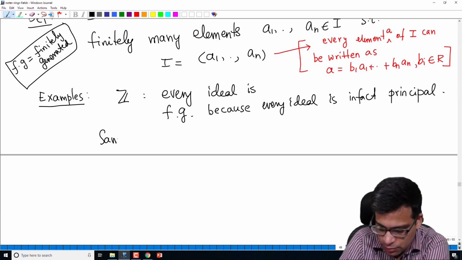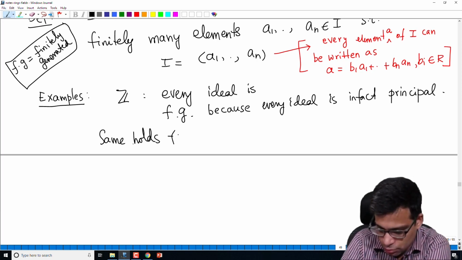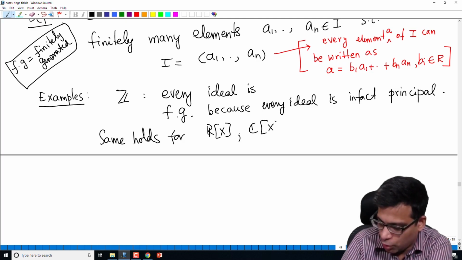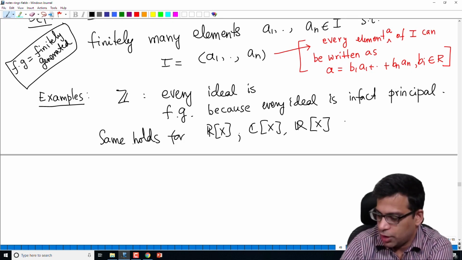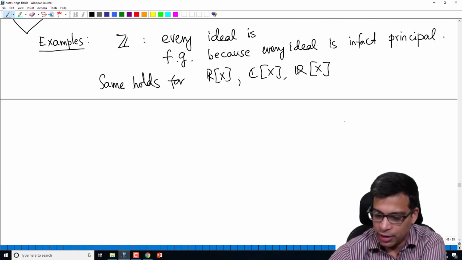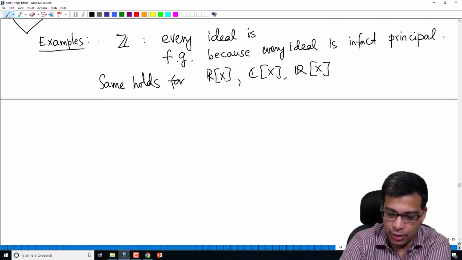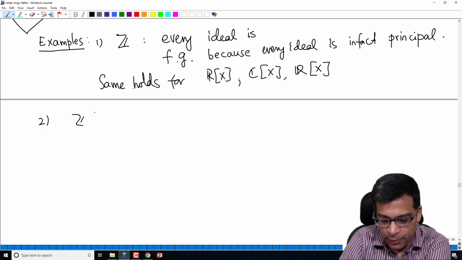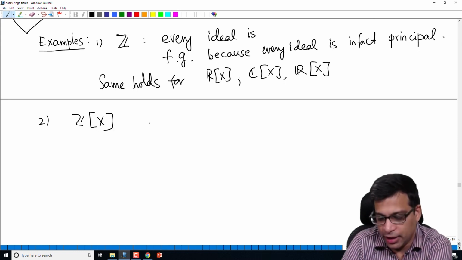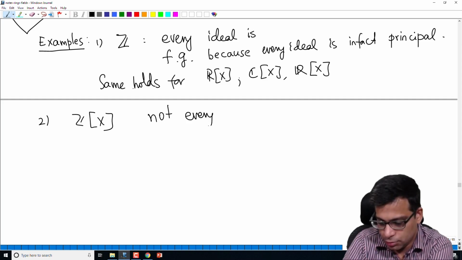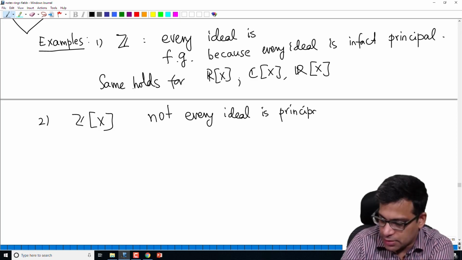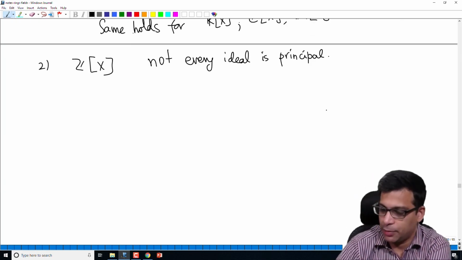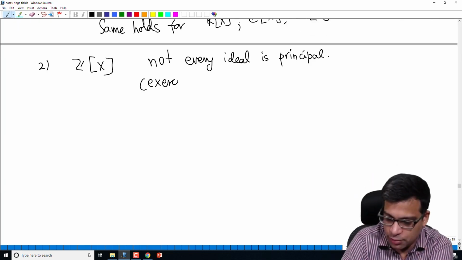Similarly, the same holds for the polynomial ring over a field in one variable. Here also every ideal is principal, so every ideal is finitely generated in particular. On the other hand, if you take the polynomial ring over Z, here not every ideal is principal. This I did not ever mention explicitly before, and this is an exercise now for you to check.